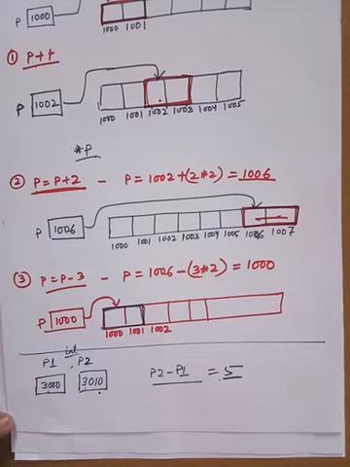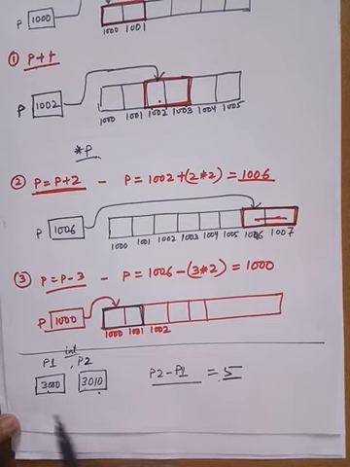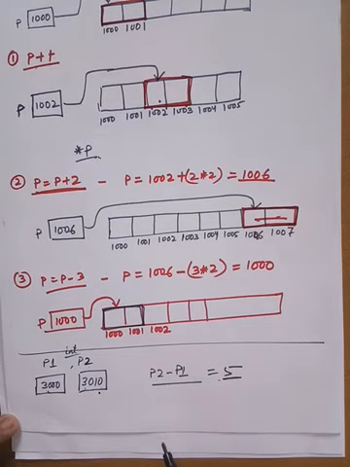This operation is generally performed when both pointer variables point to the elements of the same array. So when you use an array, this operation can be done easily.